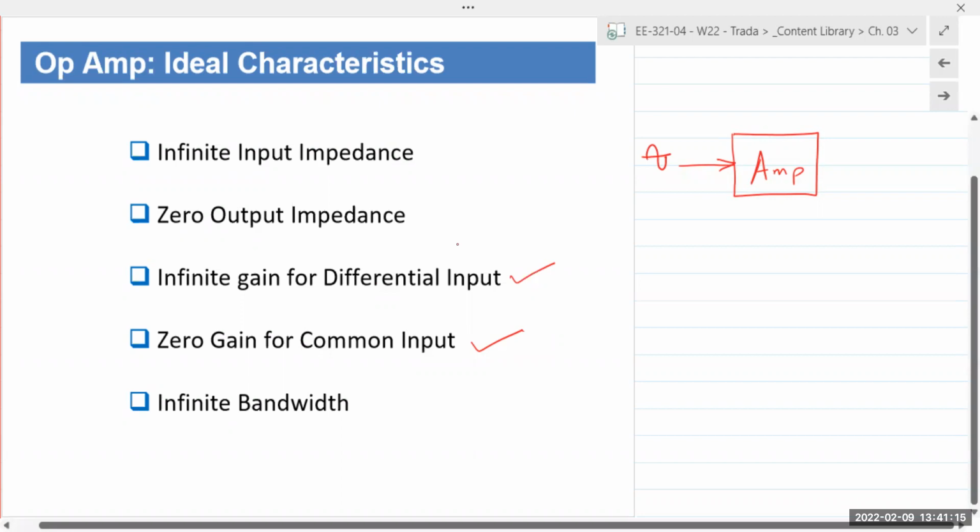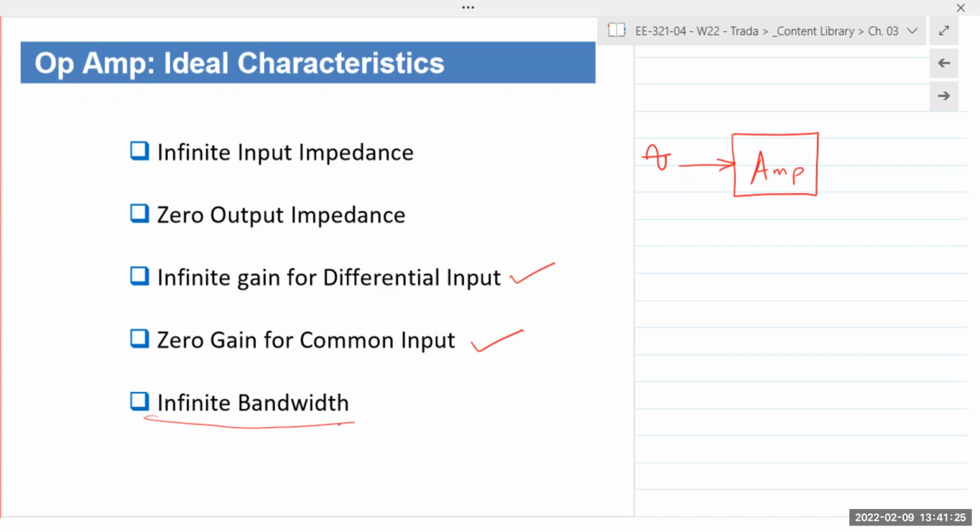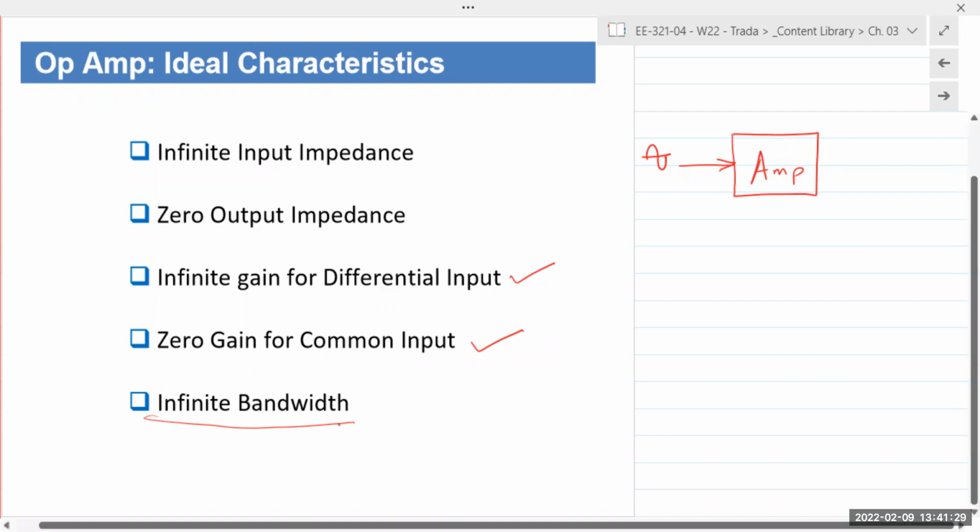And then it has infinite gain for differential input, zero gain for common input, and infinite bandwidth, meaning you could apply a wide range of frequencies to this op amp, and it will amplify all of them exactly the same. In real life, that's not the case. If frequency increases, open loop gain is constant for a while, and then it tapers off.